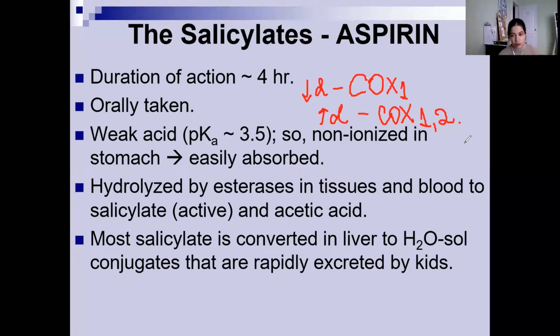So what is interesting in this slide? The duration of action. Taken orally, it's a weak acid. About this, my favorite question: the drug is a weak acid, so an acidic drug, yes. So in the stomach, where pH is also acidic, pH is low, acid plus acid will be non-ionized.